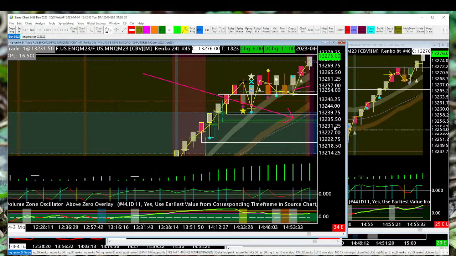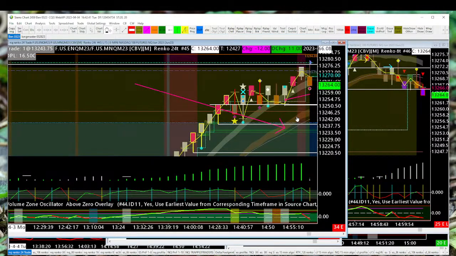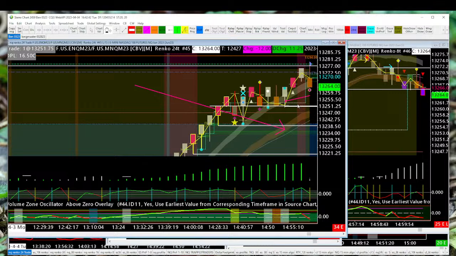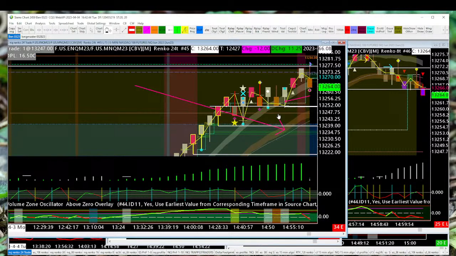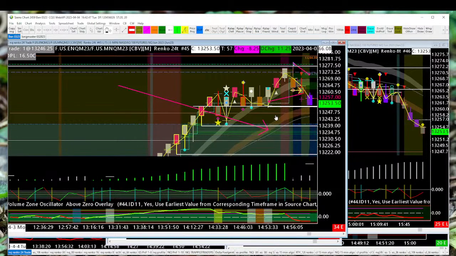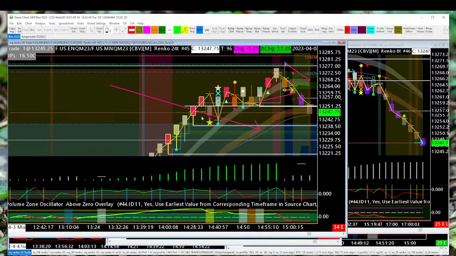Same thing happened on the smaller time frame until they do it here. So again, it doesn't have to happen right away, right? But that hammer bar, it's pink.